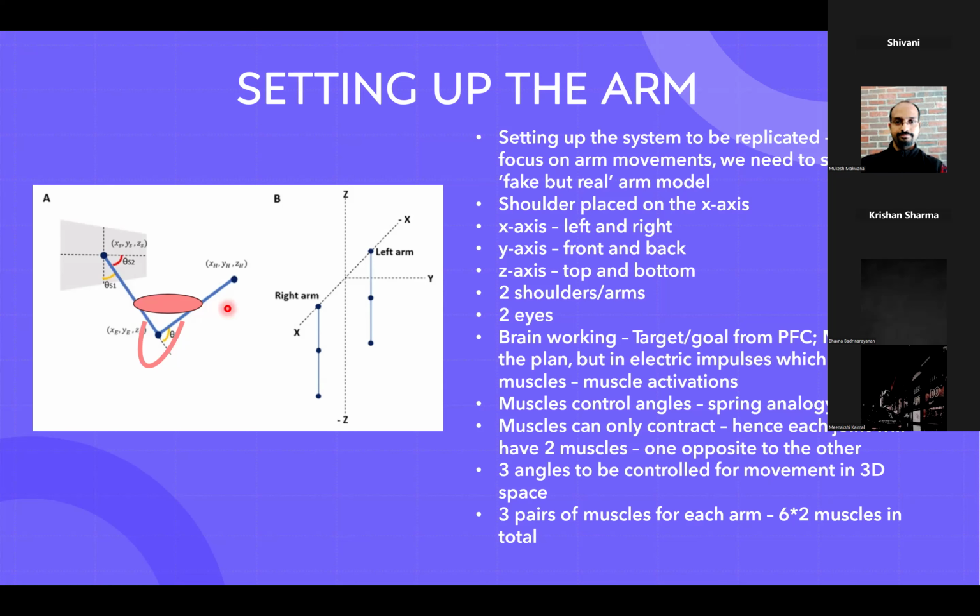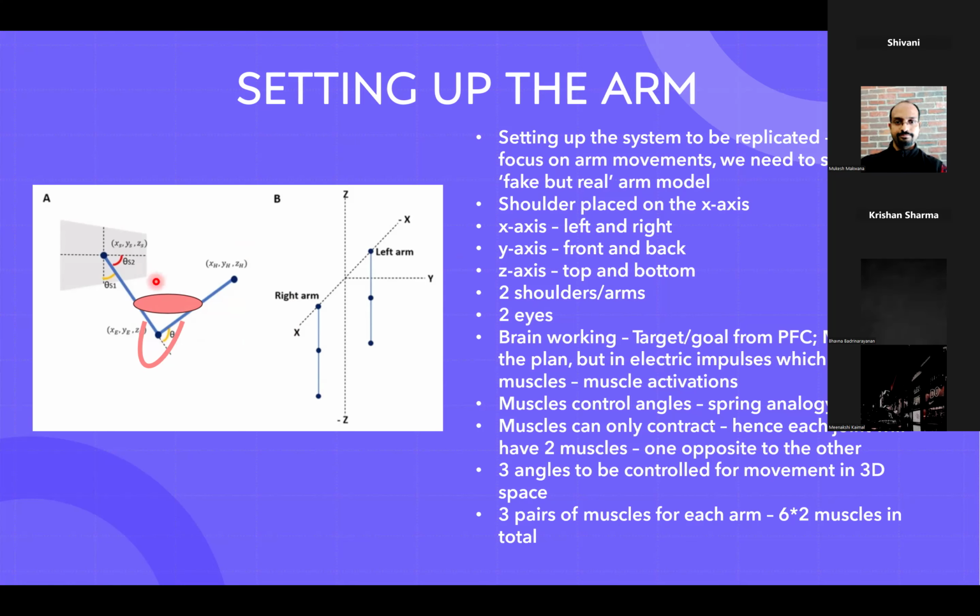So the brain basically tells these muscles how much to contract or relax. That's what this muscle activation value is going to communicate to the muscles, and those muscles will react according to those muscle activations, which then become translated into joint angles and hence hand movement itself.